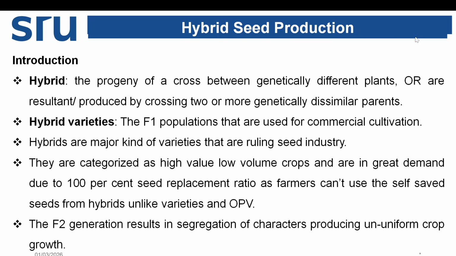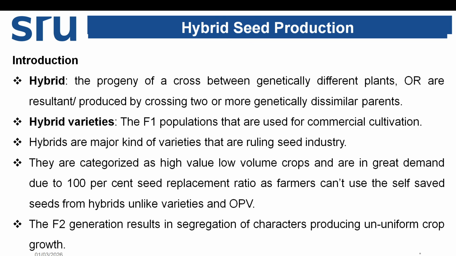They are categorized as high value, low volume crops, and are in great demand due to 100% seed replacement ratio. So what is this 100% seed replacement ratio? That means farmers can't use self-saved seeds from hybrids, unlike varieties or open pollinated varieties. Every season or every year, the farmer needs to replace the seed.